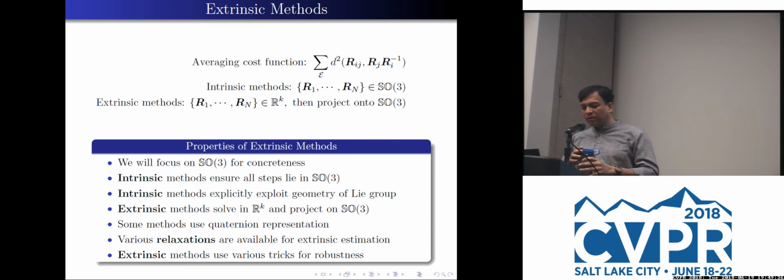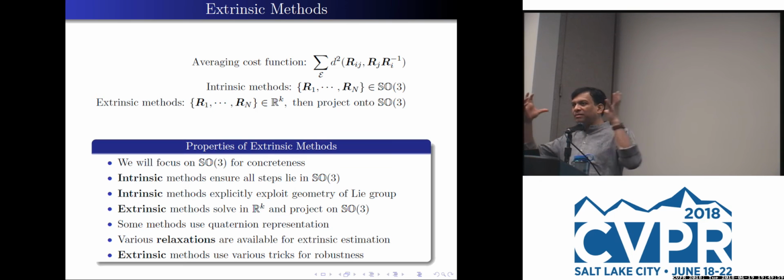And so I'm going to very quickly and very briefly go over other approaches which don't worry too much about the group structure SO3, but try and address this problem in a different fashion. So these are essentially what you might call extrinsic methods, because they do not necessarily obey the underlying group structure of the problem, but try and still get to an answer.